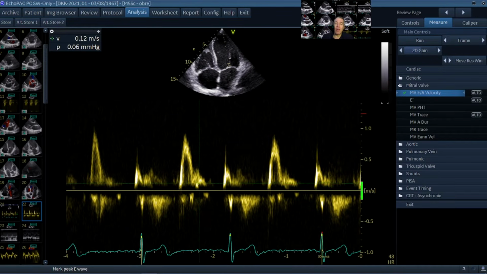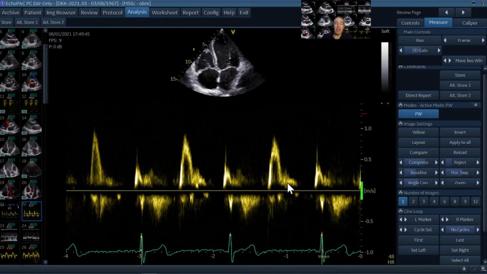There is bradycardia, and there is much more time for filling than is needed. And most of the volume has entered during early diastole. There is a good relaxation, a good suction effect of the left ventricle, and there is only a small volume left, which enters the left ventricle after atrial contraction. And that gives rise to a small A wave. But this is where we measure E and A ratio.